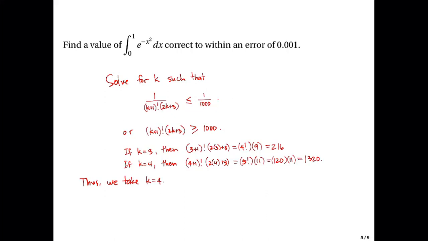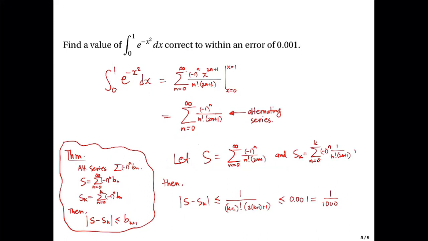We now solve. So the integral from 0 to 1 of e to the minus x squared dx is approximately equal to the partial sum from 0 up to 4, we take k equals 4.